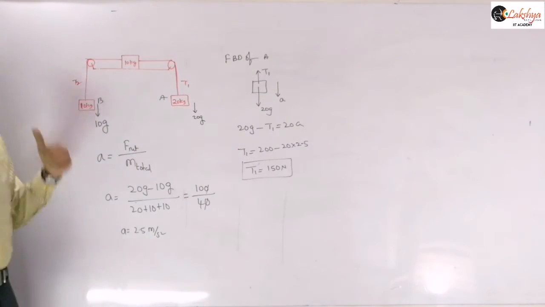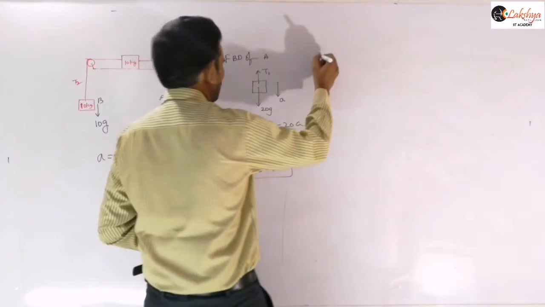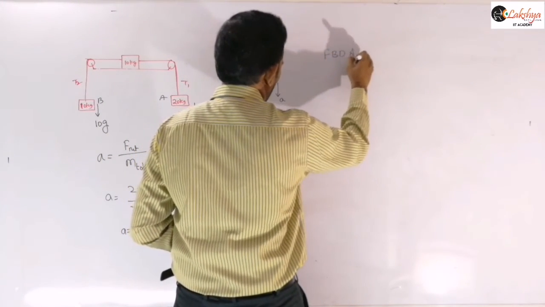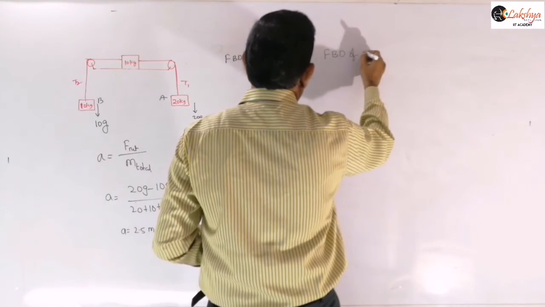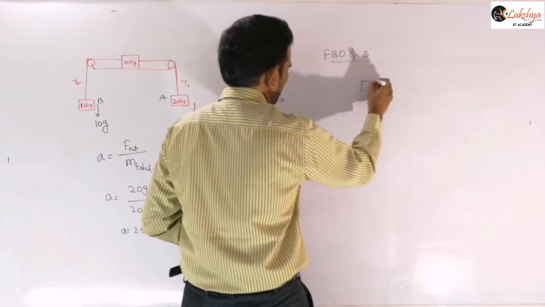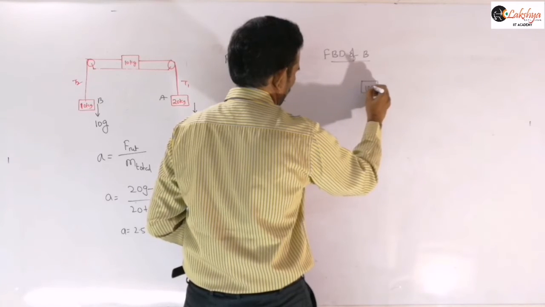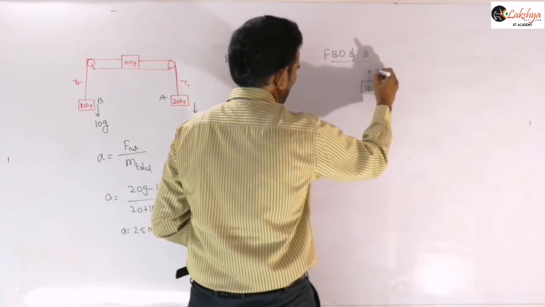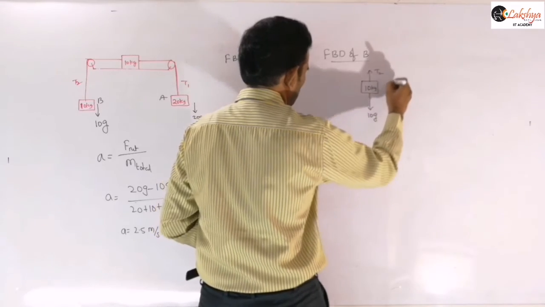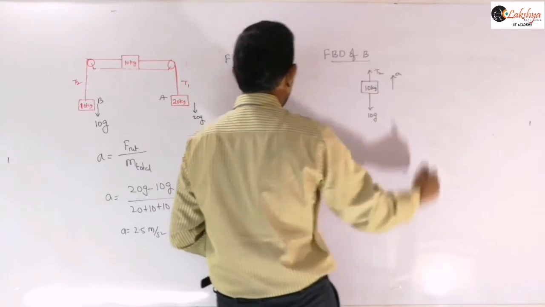Now let us write the free body diagram to get the T2 value. So the FBD of block B I am taking here. For this 10 kg block, tension T2 is in the upward direction and weight 10g is in the downward direction. This block is moving upwards.